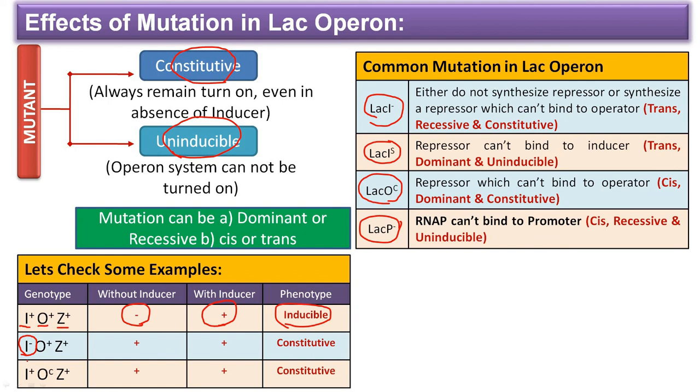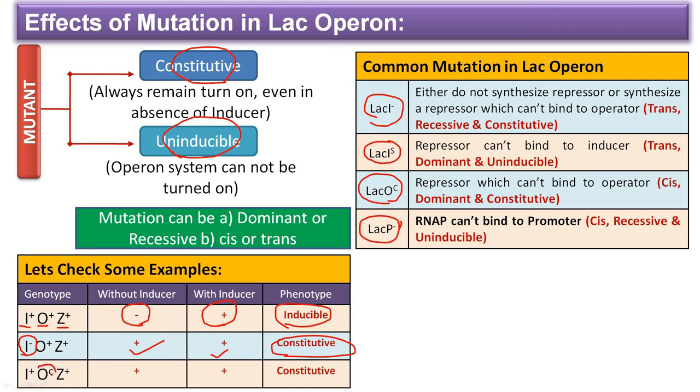The RNA polymerase can pass through the operator site over the structural gene and perform their transcription. So there is no matter whether lactose is present or not, the operon will remain turned on, and hence it is called constitutive, because in presence of lactose it will remain turned on, in absence of lactose also it will remain turned on. Now move to case 3.